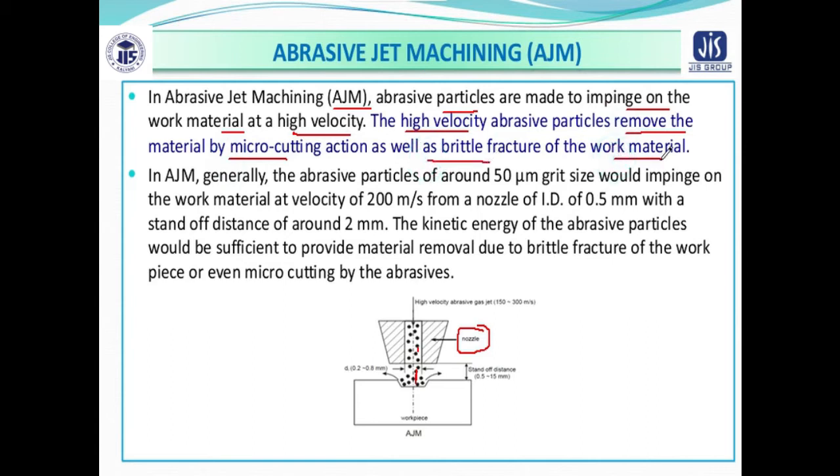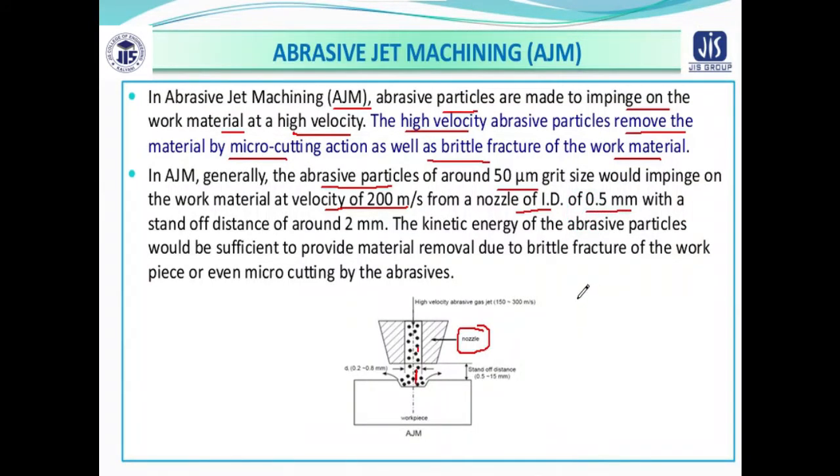The most important thing in this process is that the abrasive particles are of around 50 micrometer grit size, and they travel at a velocity of 200 meters per second from a nozzle with an internal diameter of 0.5 millimeter.